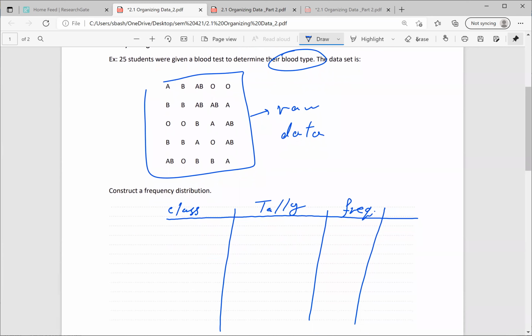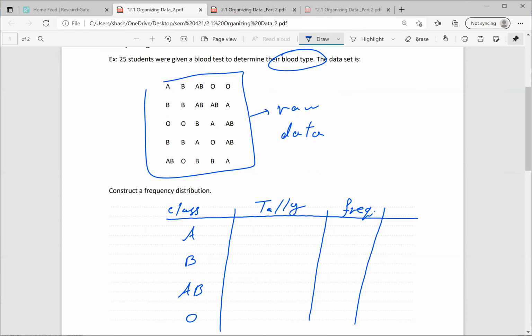For these classes, or for the blood type, we have 4 classes. We have A, we have B, we have AB, and we have O. So these are the blood types.